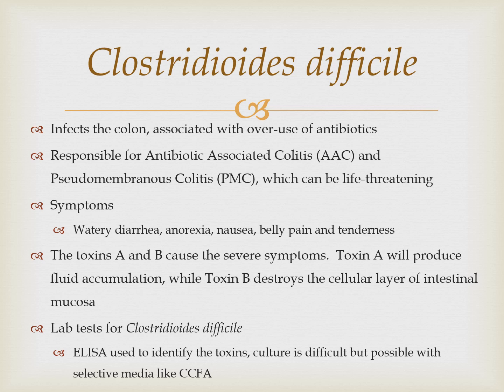Okay, we can also attempt to grow out Clostridioides difficile on CCFA agar, but it can sometimes be difficult to grow because it is so fastidious. CCFA is selective for Clostridioides difficile, and that stands for cycloserine cefoxitin fructose agar.